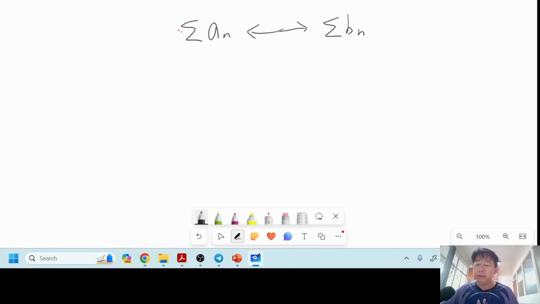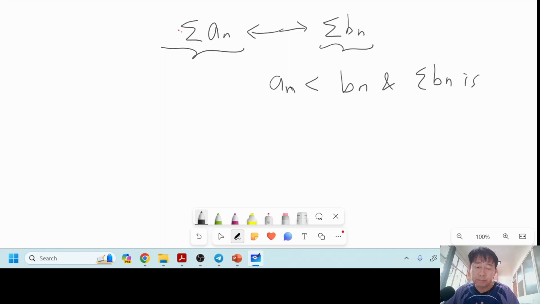First, you have to suspect or suppose whether the series you want to test, AN, is convergent or not. Now, if you believe that the series AN is convergent, then what you have to do is to think of another series Bn such that the term in Bn is larger than AN, term by term, and at the same time, the series Bn is convergent.